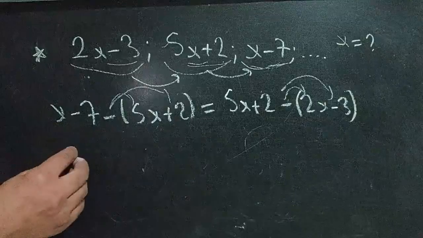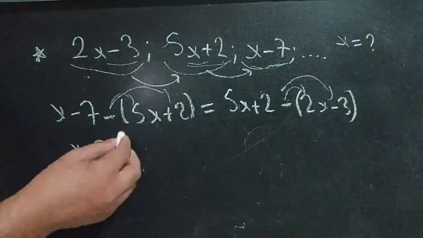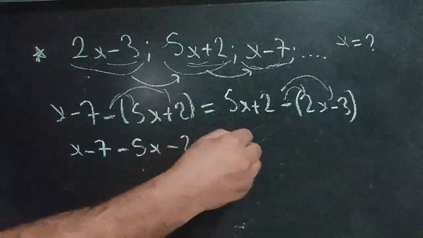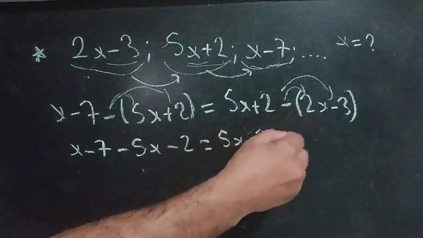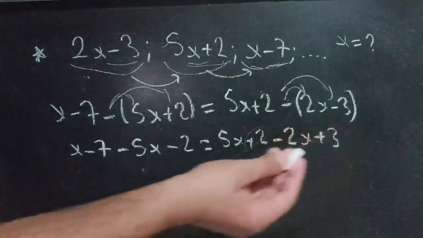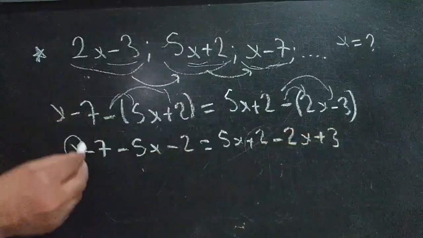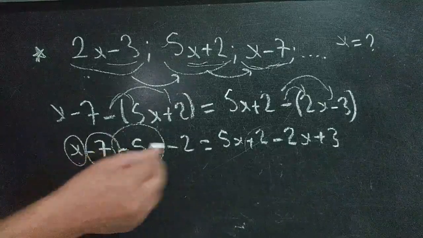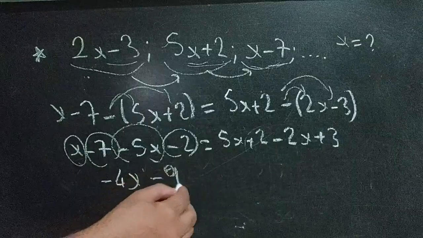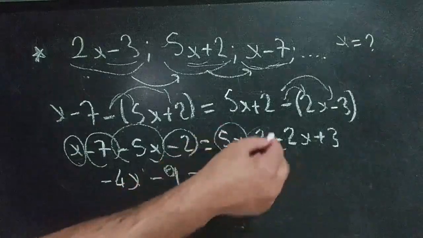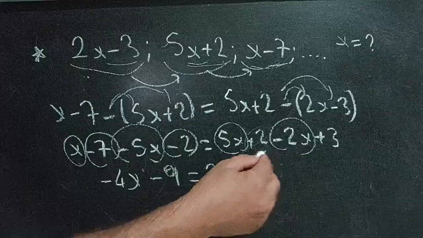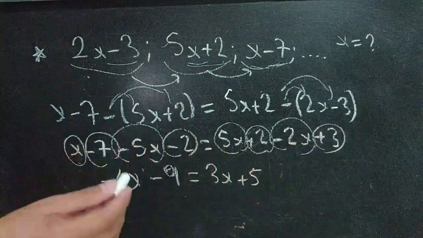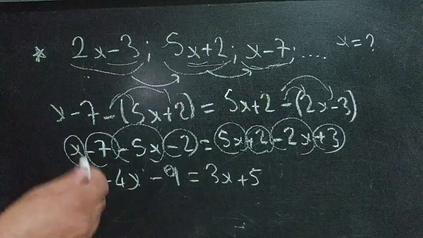That will give me x minus 7 minus 5x minus 2 equals 5x plus 2 minus 2x plus 3. From there I will get negative 4x minus 9 equals 3x plus 5.